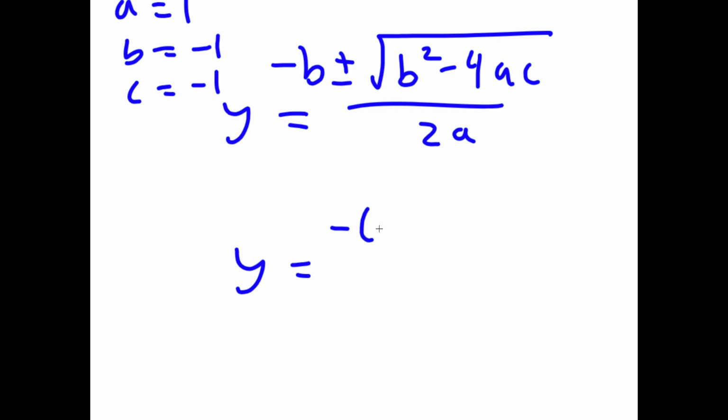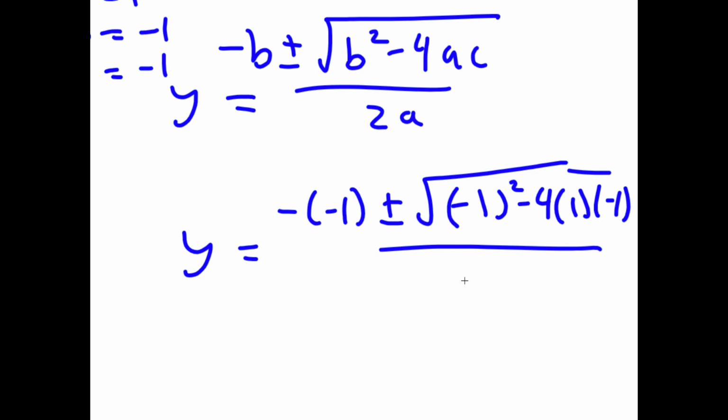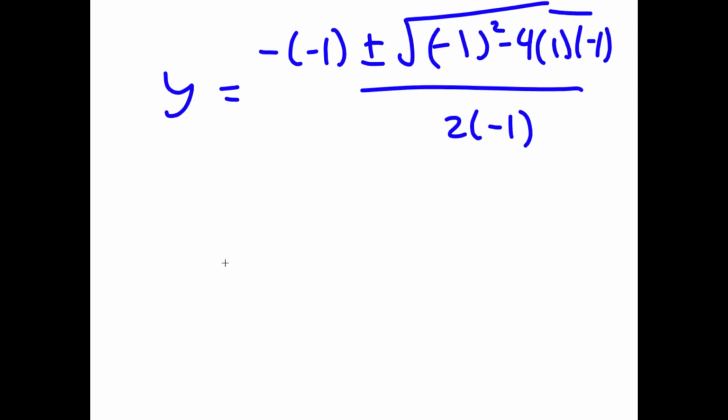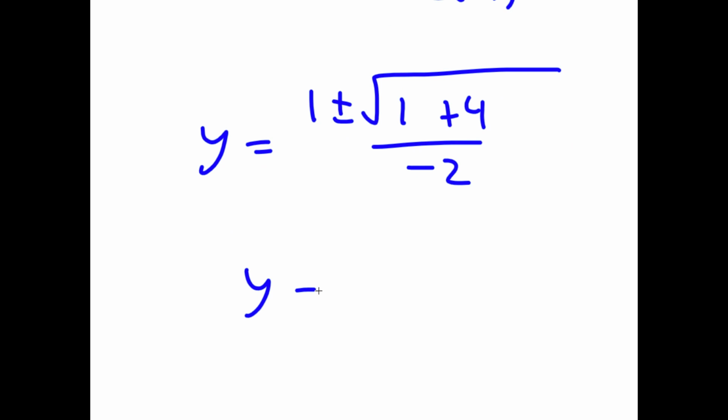So I have negative of negative 1 plus or minus the square root of negative 1 squared minus 4 times 1 times negative 1 all over 2 times negative 1. And this is equal to 1 plus or minus the square root of 1 plus 4 over negative 2, which is equal to 1 plus or minus the square root of 5 over negative 2.